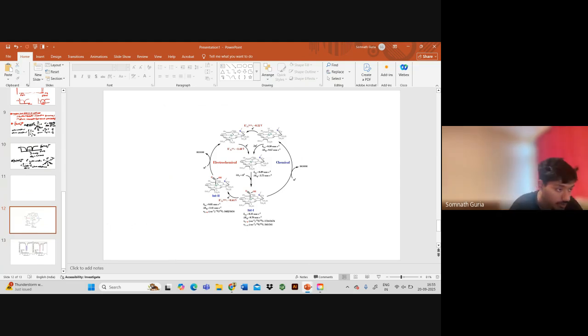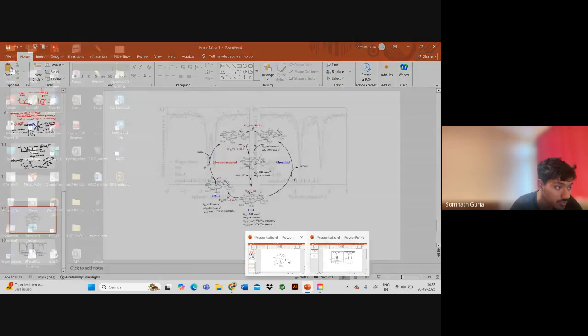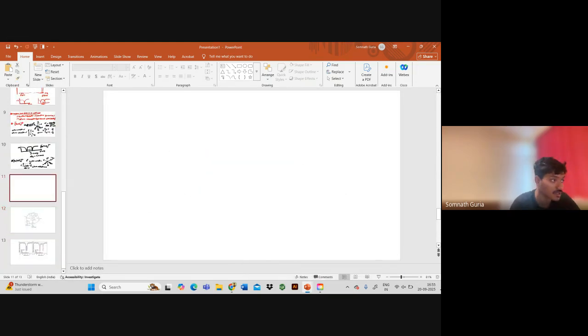Okay, so where I was, how will my Mossbauer spectra look? It looks like velocity in millimeter per second against percentage of transmittance.